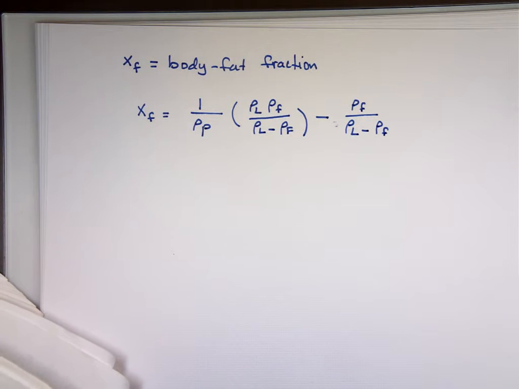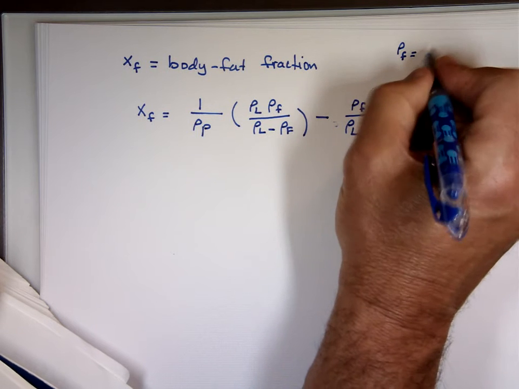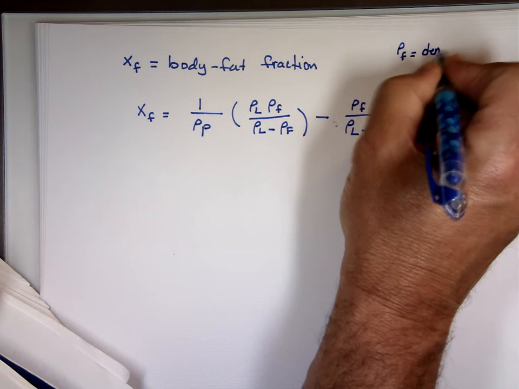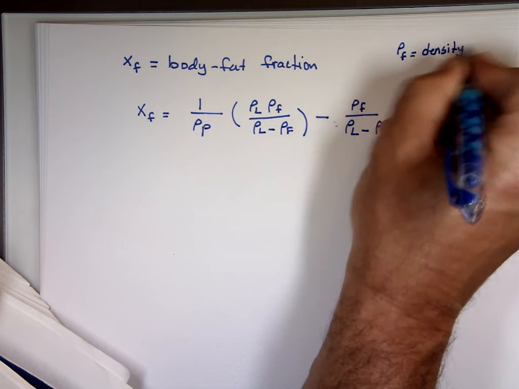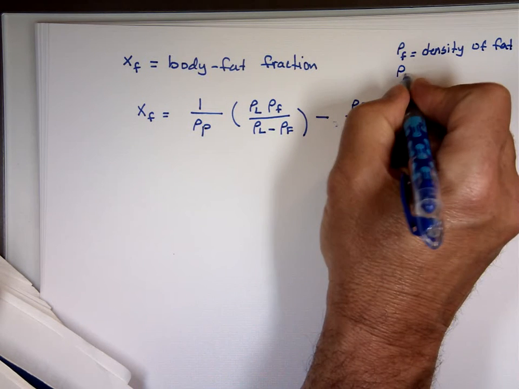Rho F is the density of fat, and rho L is the density of lean.